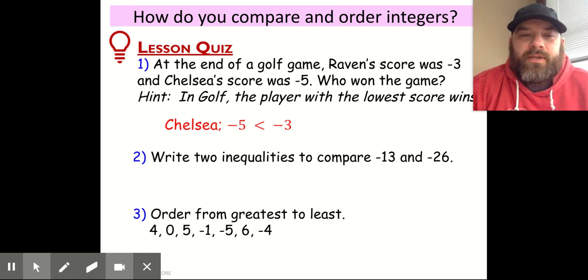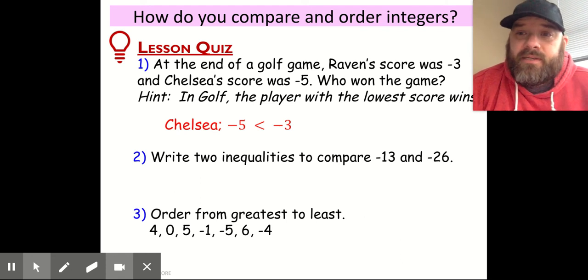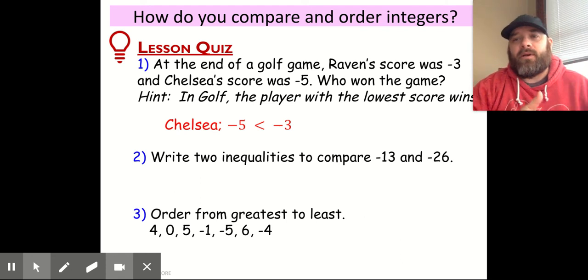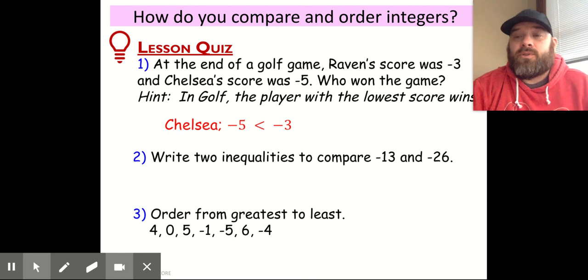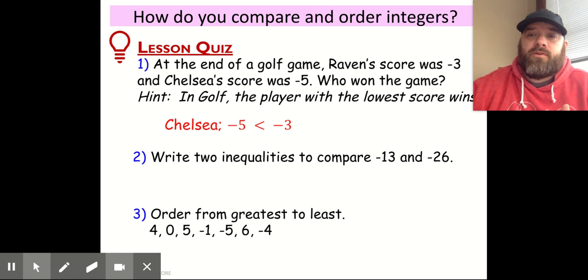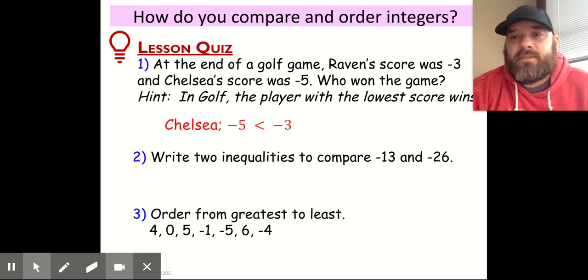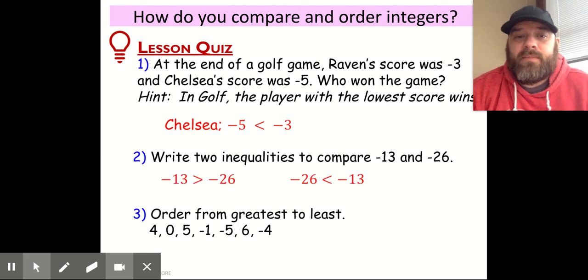All right, so number 2, write two inequalities to compare -13 and -26. So again, we can compare them left to right. So let's pick -13 first. Thinking about -13 on that number line, it is farther to the right than -26.